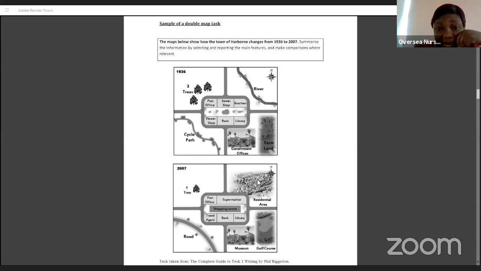The river is out and there are more buildings for residential use in 2007. Overall, there has been significant change as shown by the construction of a shopping center in the center of the town in 2007, where there was none previously in 1936.